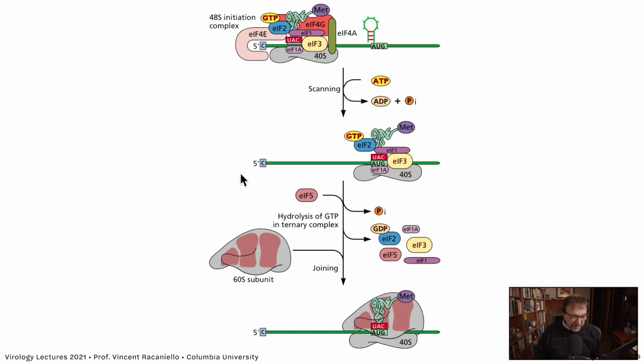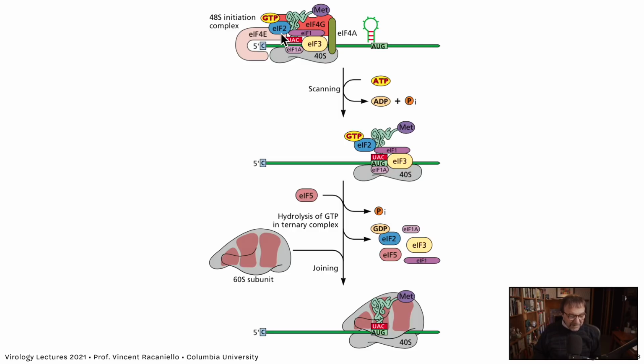Of course, messenger RNAs have a cap at the 5' end, and the cap directs the ribosome to the mRNA. It does so because the cap structure binds this protein called eIF4E. These are all cellular proteins here, this mess of proteins, all cellular.